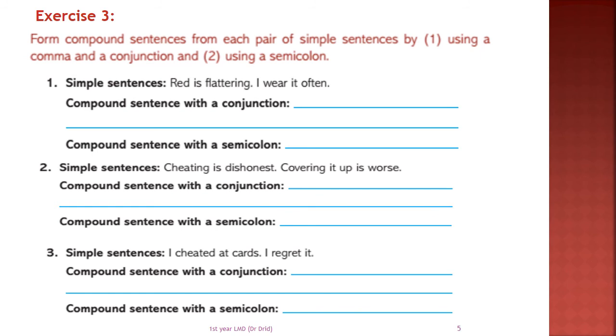Here you are given, in each case, two simple sentences, and you are asked to write a compound sentence using these two simple sentences. In the first time, you will write a compound sentence with a conjunction, and in the second case, you will use a semicolon. So you have the first set of simple sentences, the second set, then the third.